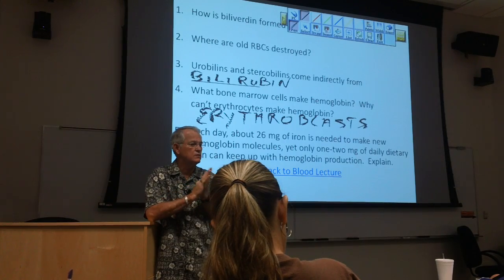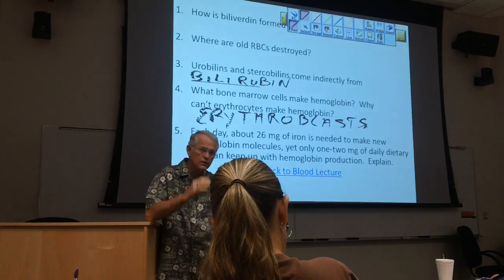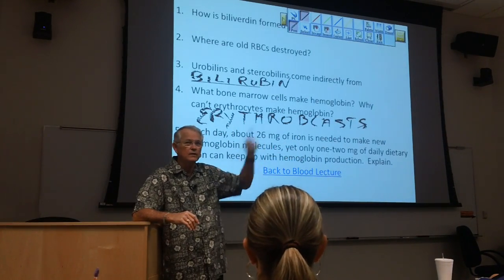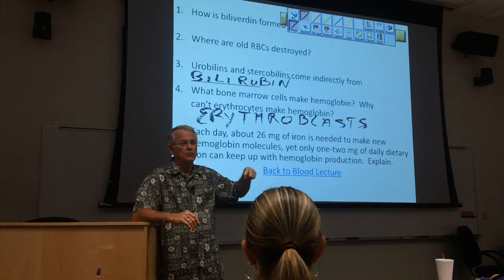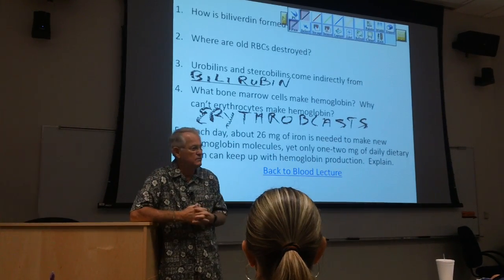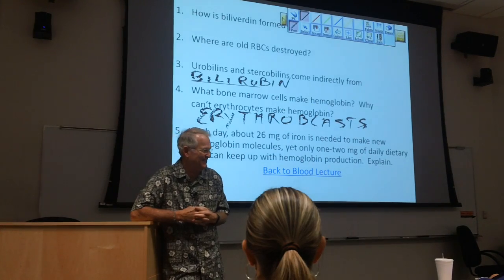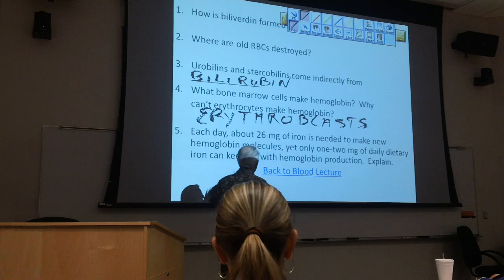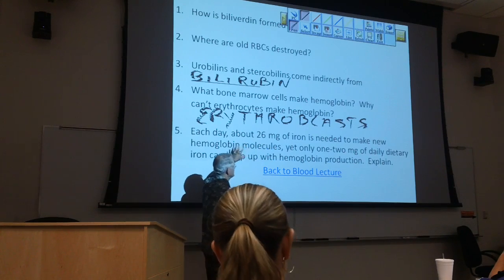Hemosiderin and ferritin store it that way, so you can then reuse it. It can be taken by transfer into the bone marrow. Recycled is the key. But you can't keep all your iron, so you have to have some added in your diet, or you'd run out, and surely you wouldn't have enough to make your RBCs. So that's the key thing here, is that you recycle it.